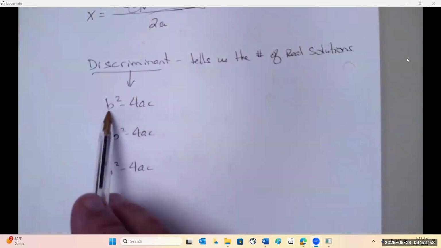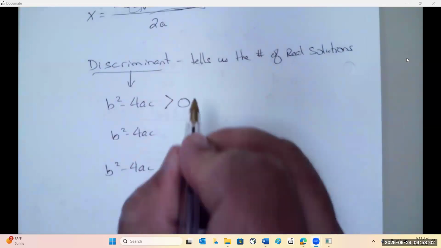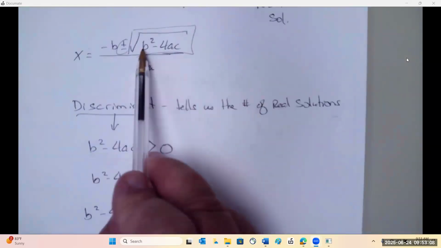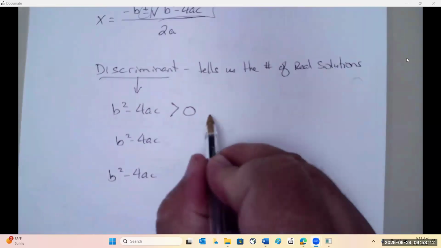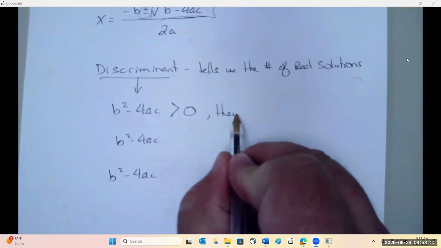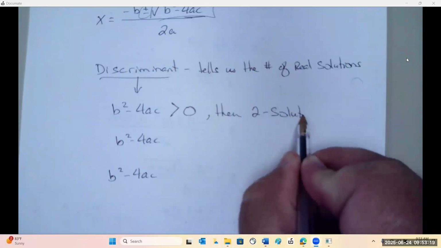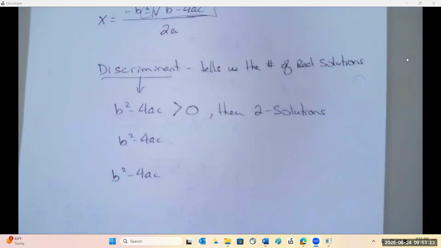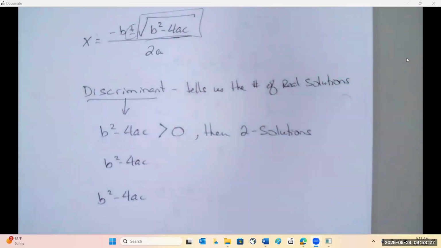So we just take b squared minus 4ac. If that number is positive, then this is going to be a real number, so we have 2 solutions, because if what's inside the square root is positive, then we're going to get a real answer.